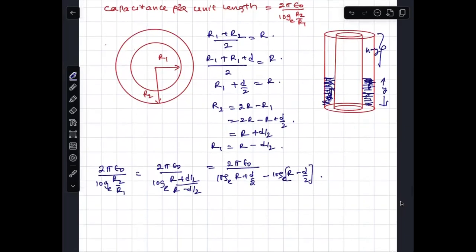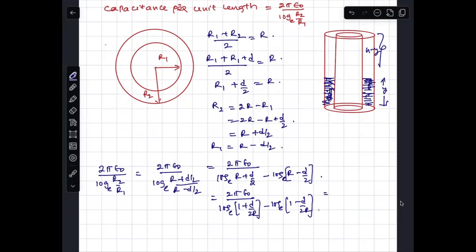Likewise, you can write it as 2 pi epsilon naught by log_e (1 plus D by 2R) minus log_e (1 minus D by 2R), because the log R terms get cancelled.